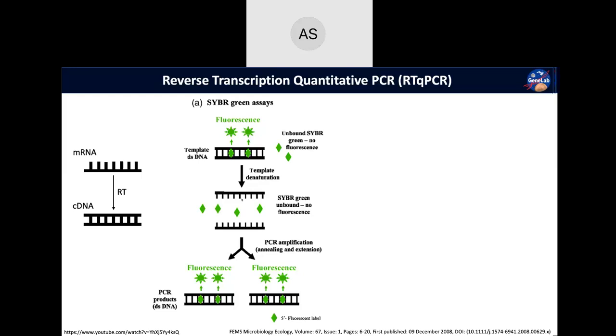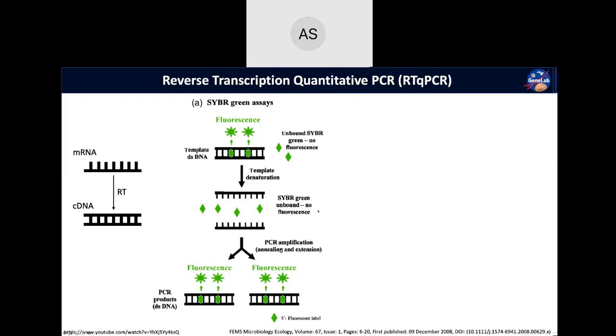And then as you make your copies, you are then creating double-stranded DNA again, which will then allow SYBR Green to bind, and you get a fluorescent signal. So as you make more and more copies, you have more and more double-stranded DNA present, so you increase the amount of fluorescent signal that's being given off. And then we capture those fluorescent signals with the camera to be able to quantitate it.